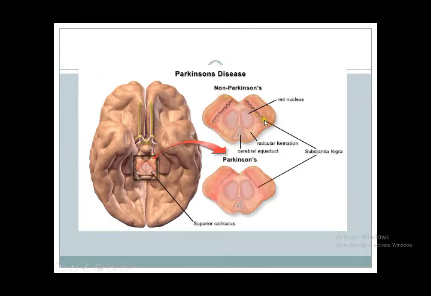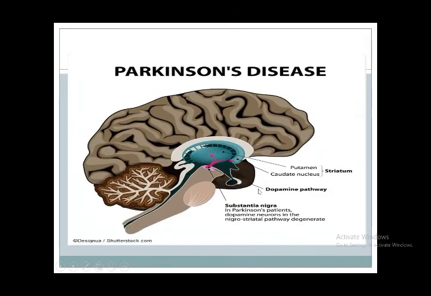This pigmented area in the midbrain, which contains dopamine-containing neurons in the substantia nigra, is lost in case of Parkinson's disease. Here you can see the loss of this pigmented area of substantia nigra, which contains dopamine. This is what is usually observed in patients with idiopathic Parkinson disease. And this loss of dopamine matters because the substantia nigra gives projections called nigrostriatal pathways to basal ganglia structures, the putamen and caudate.